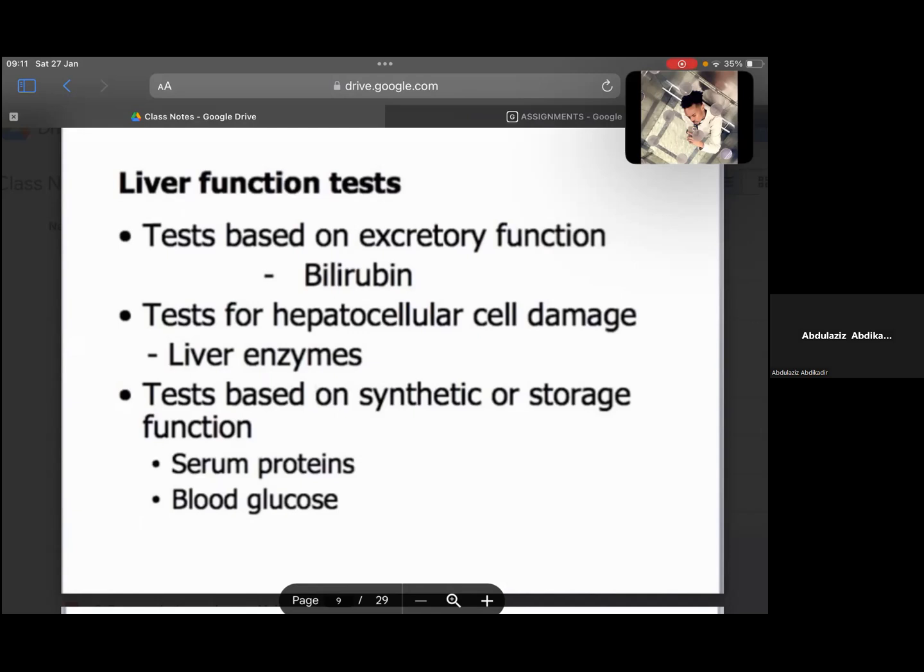The test is also based on synthetic or storage function: the serum proteins and the blood glucose. The serum proteins, if there's liver damage, there's liver failure, you'll find things like albumin will be low. That's why you find patients with liver failure, when you come to the clinical years, or right now when you are rotating in the wards, in pediatrics, they have swollen feet, a swollen body.